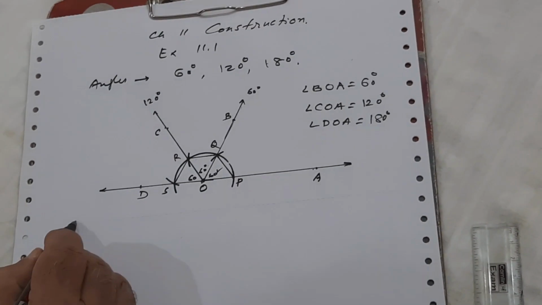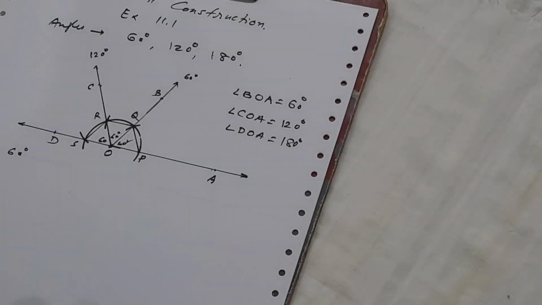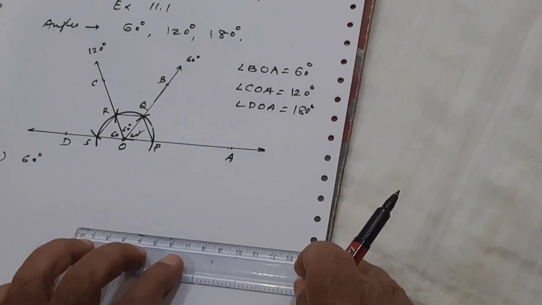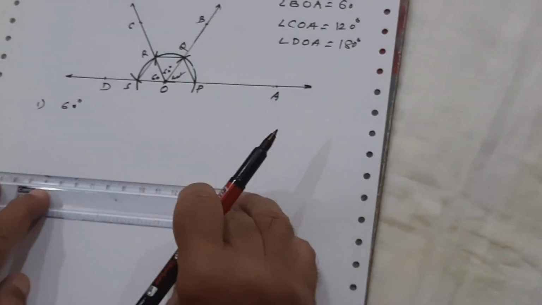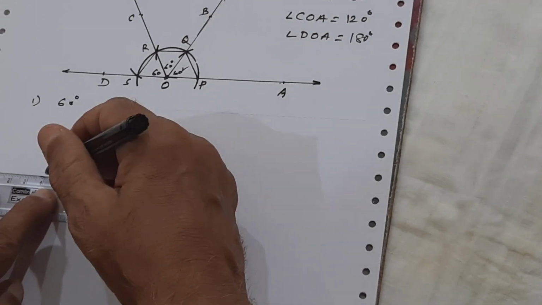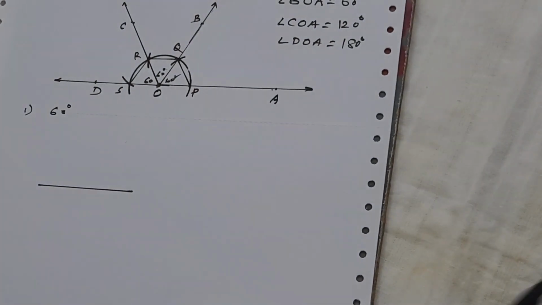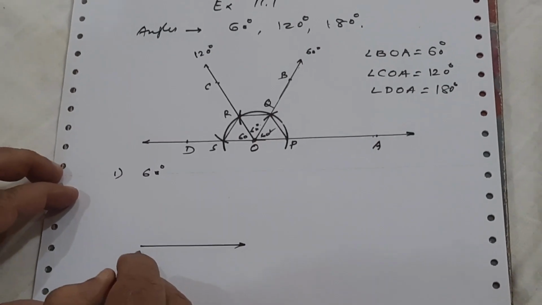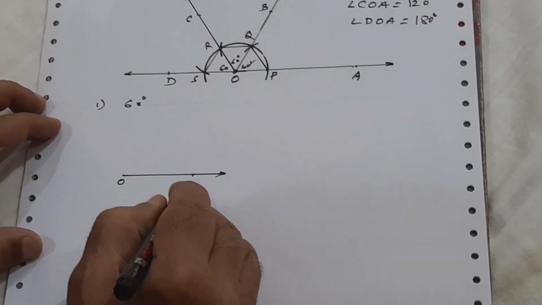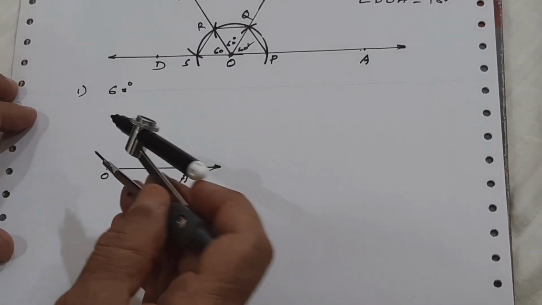Now separately I will show you first angle 60 degree. Just very simple it is. You must have done it. It is in the 7th grade also. Just one angle only, that is 60 degree we are taking.